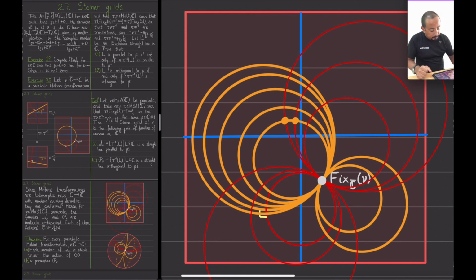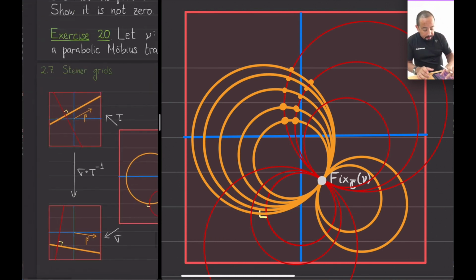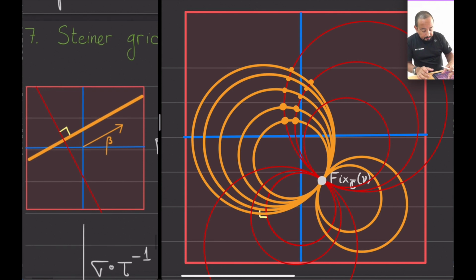Then in this other one, this one goes to this one, this one goes to this one. So you can see that the fact that this tau nu tau inverse is given by translation by beta is still reflected here. So this is how more or less the translation looks like.